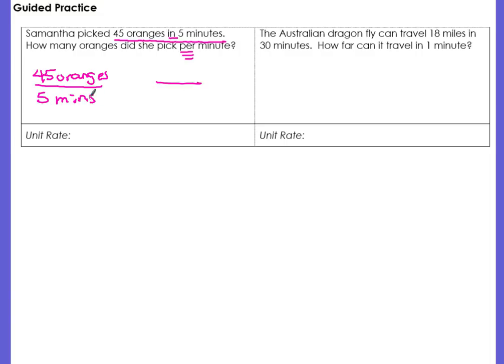And to find the unit rate, we want to go from 5 minutes to 1 minute. And to do that, we just divide by 5. Then we do the same thing to the number of oranges. And 45 divided by 5 will give us 9 oranges. So our unit rate on how many oranges Samantha can pick is going to be 9 oranges per minute.